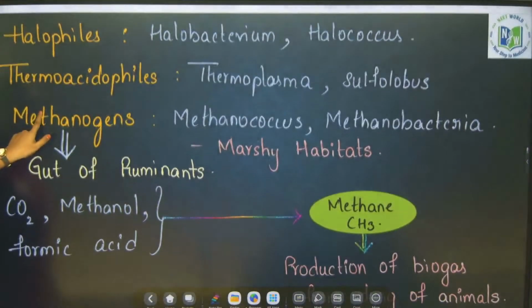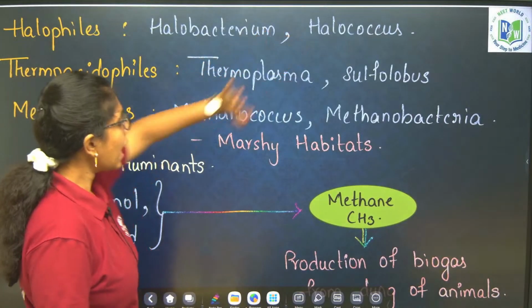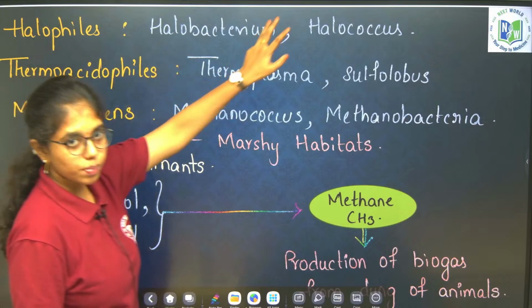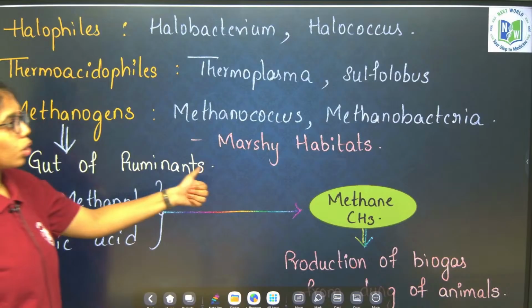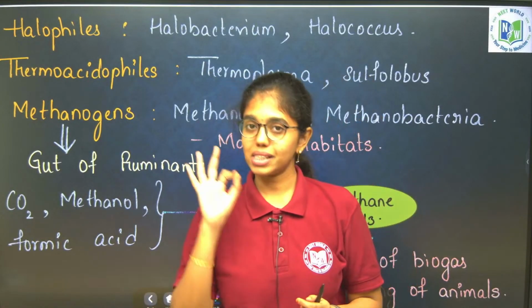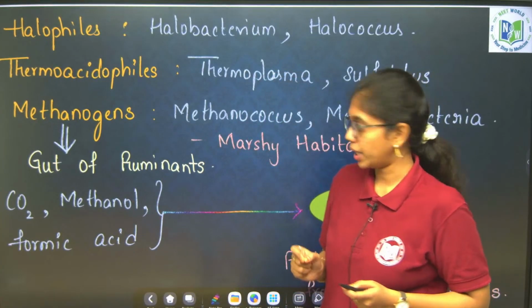Now, halophiles, best examples include Halobacterium and Halococcus. Thermoacidophiles best examples, Thermoplasma and Sulfolobus. Methanogens examples, Methanococcus and Methanobacteria. I am again repeatedly telling you examples are highly important, we cannot skip even a single example over here.